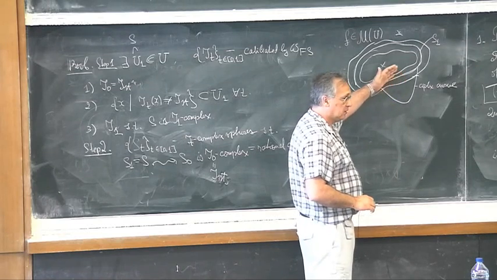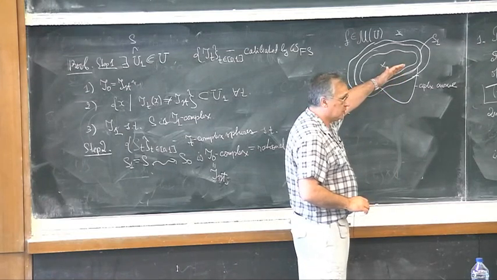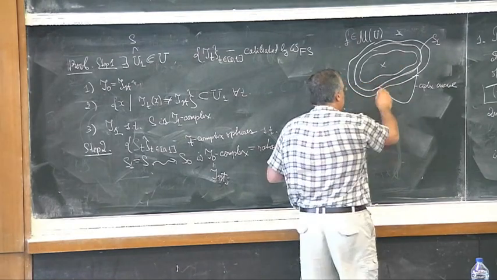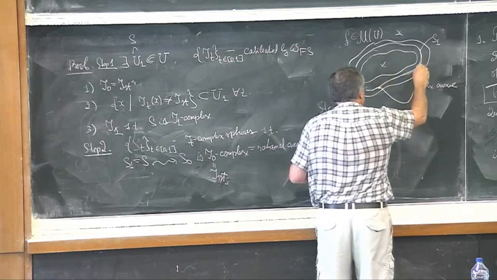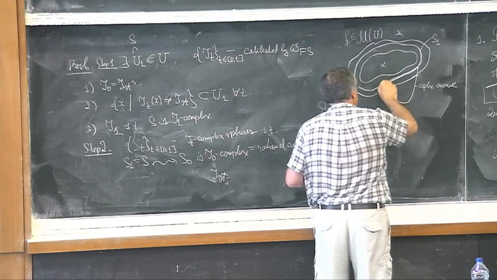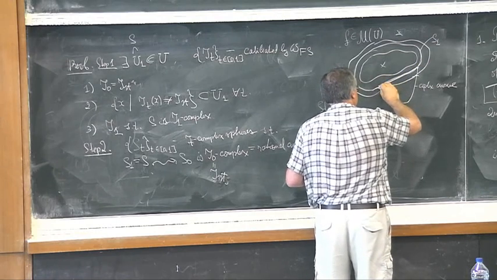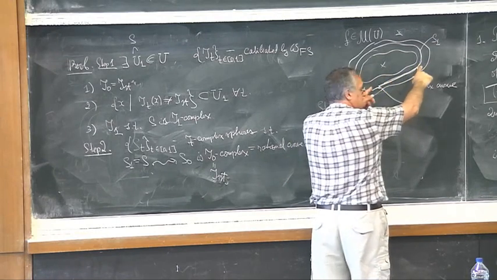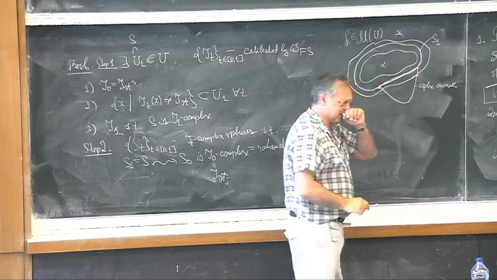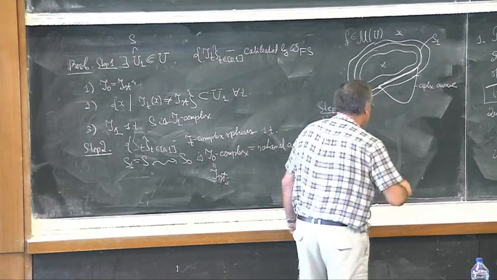You have a family of complex curves which first is inside of the domain, and boundaries always stay inside and something goes out. So why do boundaries always stay inside? This is by homological reasons.